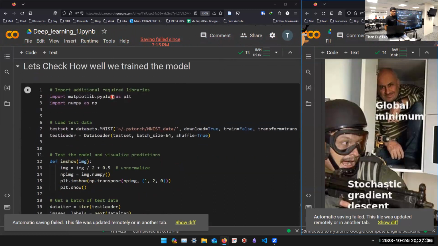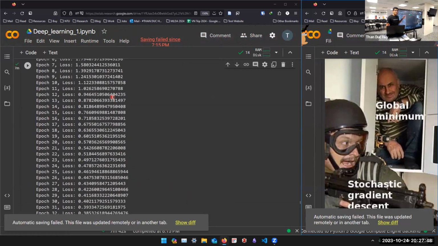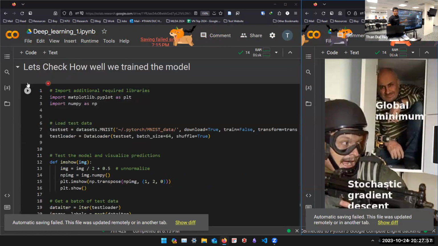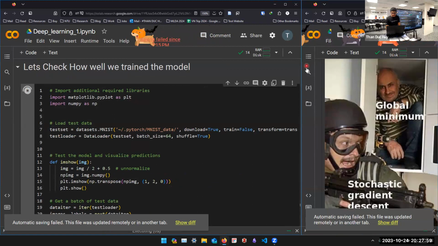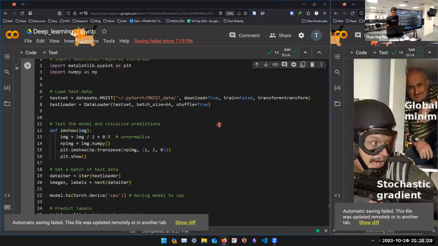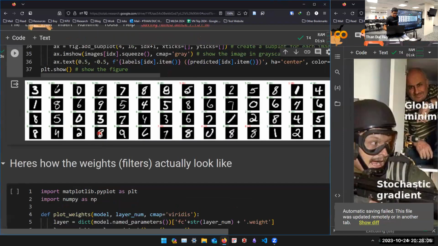Okay, so now that we've trained the model, now we've updated the weights. Now we've done all the stuff that we've talked about in programming. We will see what we have come up with, okay?